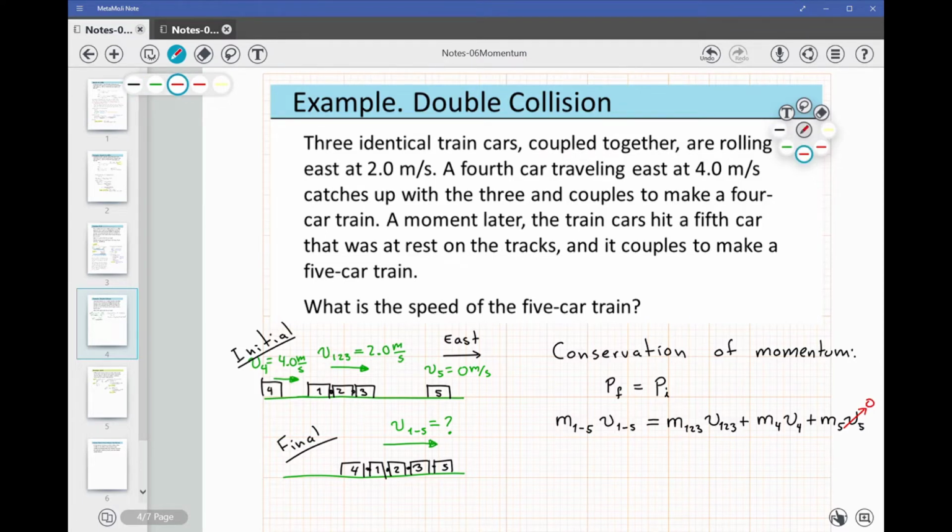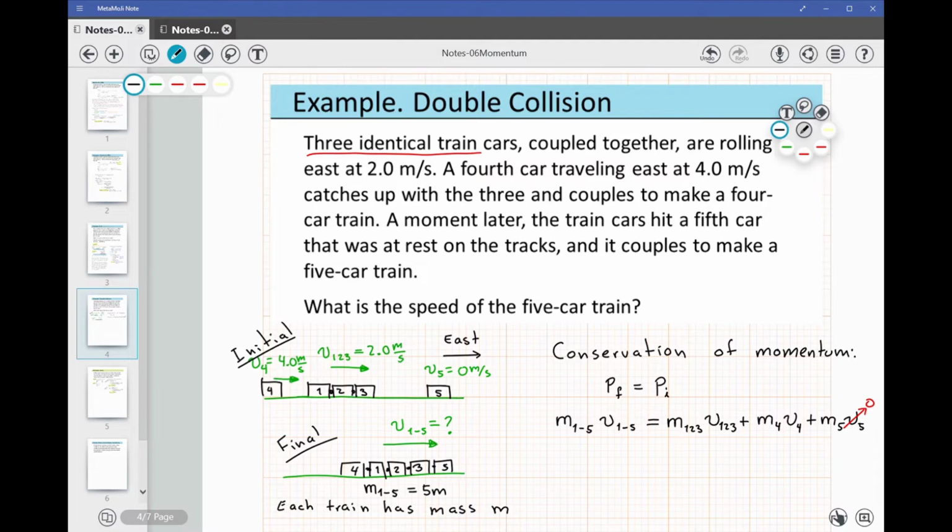Since we know that the cars are identical, that means the mass of the cars is identical. They have the same mass. So if each train has a mass m, the mass of trains 1 to 5 will be 5 times m.